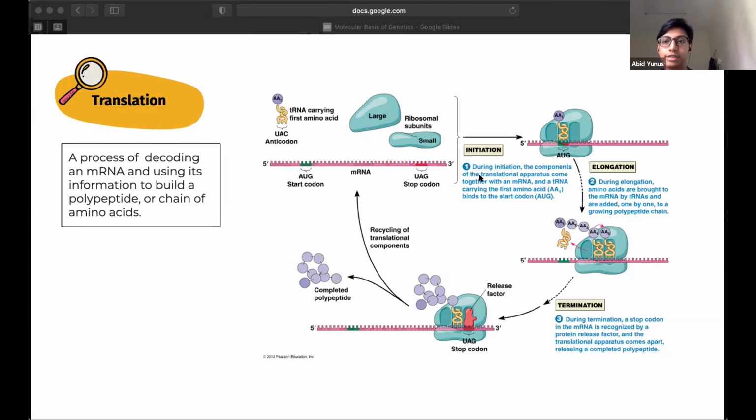So during initiation, there will be formation of the initiation complex consisting of the large and small ribosomal units, the mRNA itself, and then the tRNA that has the amino acid attached to it. After the first amino acid is attached, the ribosome will move to the next codon.